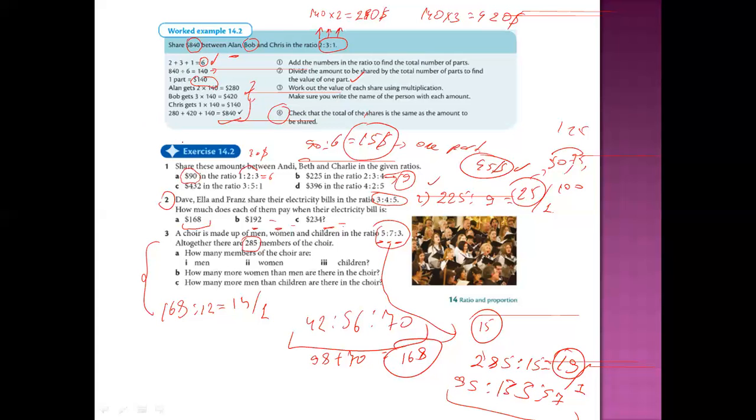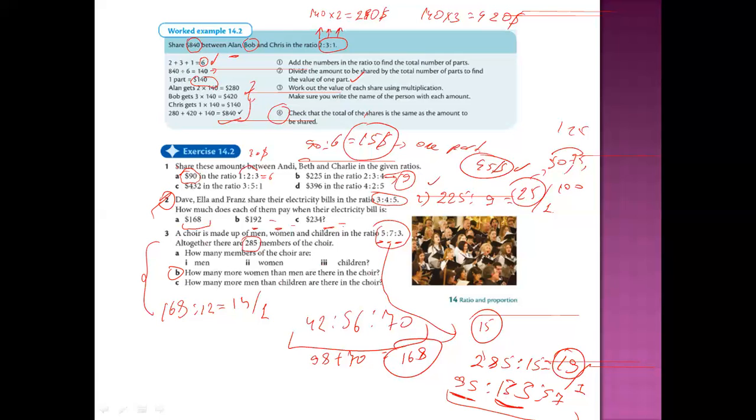Okay, and the second question, now option B, where's my pen? Okay, here. How many more women than men are there in the choir? Number of women is 133, and number of men is 95.